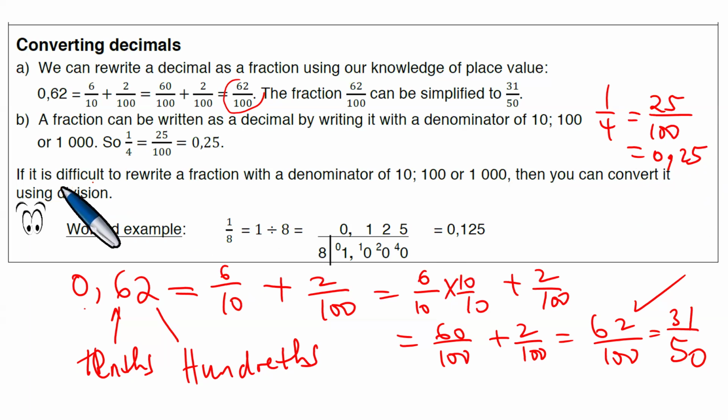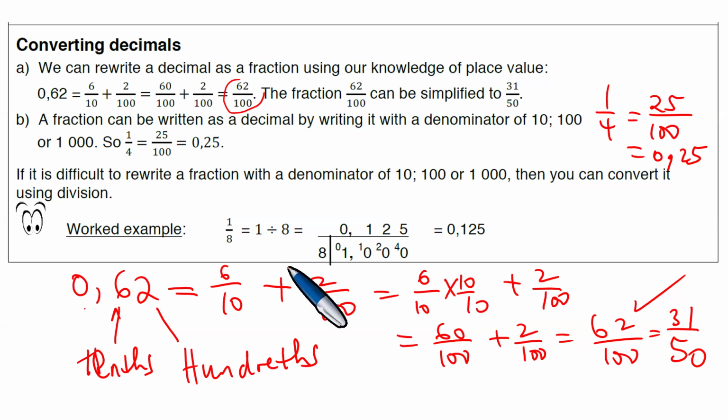But if it is difficult to write a fraction with a denominator of 10, 100, or 1000, then you can convert it using division. Worked example: 1 divided by 8. What is 1 divided by 8? It can be written as a long division, like we did in grade 1.